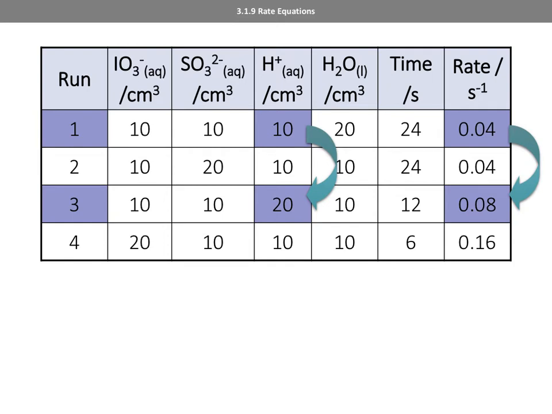If we look at the sulfite ions, we have the same concentration in 1 and 3. What we are changing here is the concentration of the H plus ions. So we have doubled the concentration of H plus ions in effect. Remember that the volume that we added is proportional to the concentration. What is the effect on the rate of reaction? Well, we have doubled the rate of the reaction.